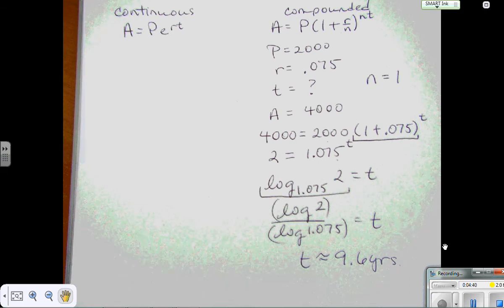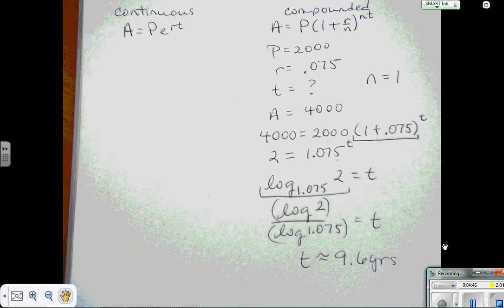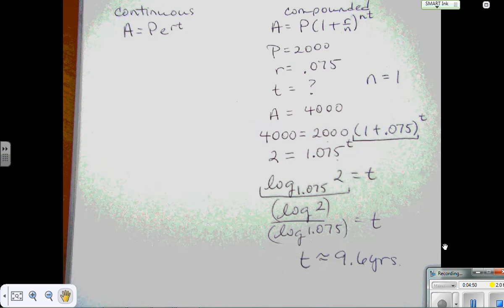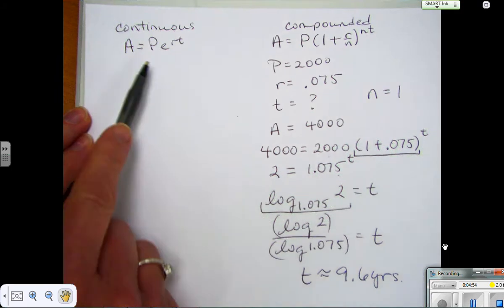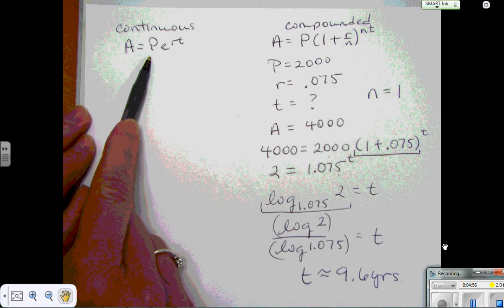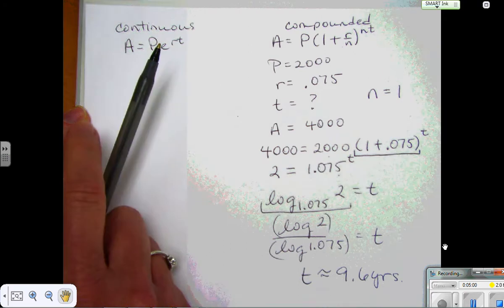Okay. All right, so let's look at number 3. $100 is placed in a savings account at 5% per year, compounded continuously. So it's continuous compounding. That means we're going to use the first equation up here. How long before the balance will reach $150?